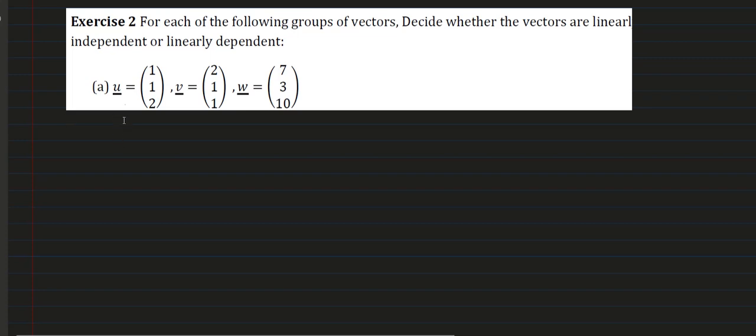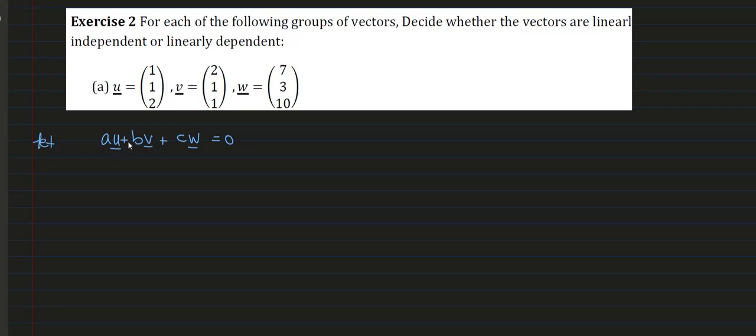So we will start by assuming that there exists a linear relationship. Now this is our assumption. This is the linear dependency relationship that we assume.